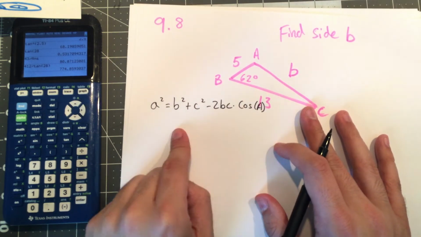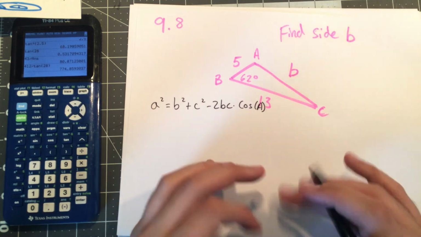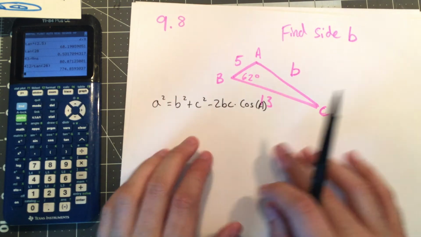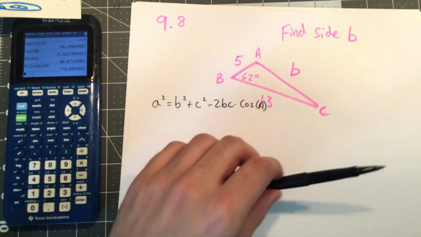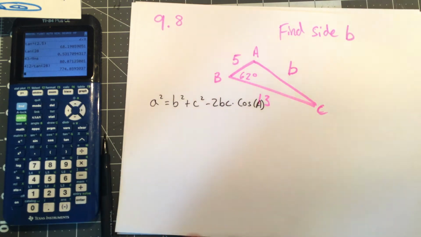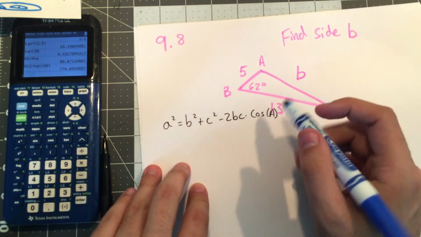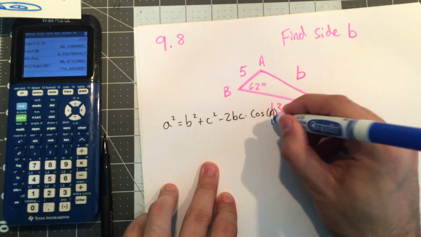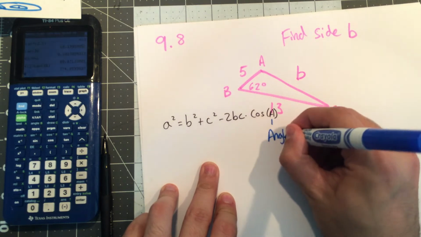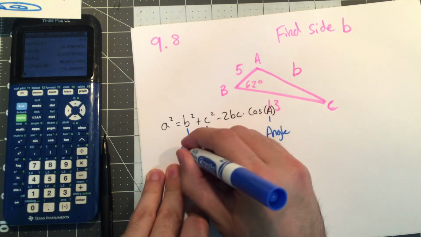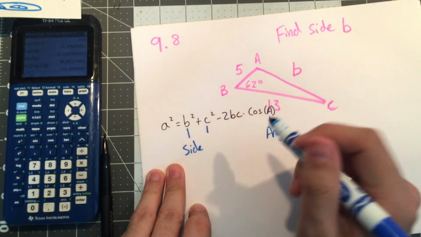Now these don't strictly have to be a, b, and c because I'm not looking for angle A. These are just saying the pieces we have and are looking for. So this one is that is our angle. And then B and C are the sides in between, on either side of the angle.